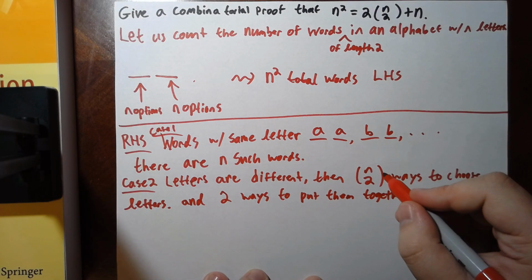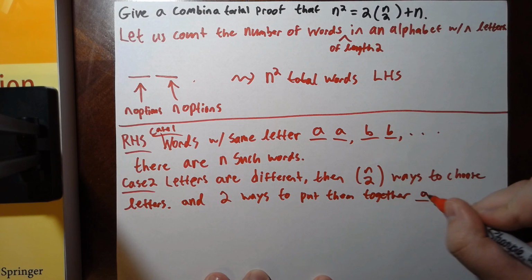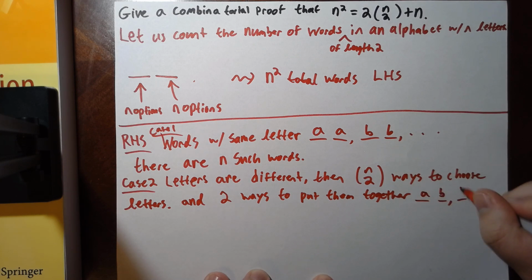So the n choose 2 represents me pulling out an A and a B, and the 2 ways to put them together means you're either going to get AB or BA.